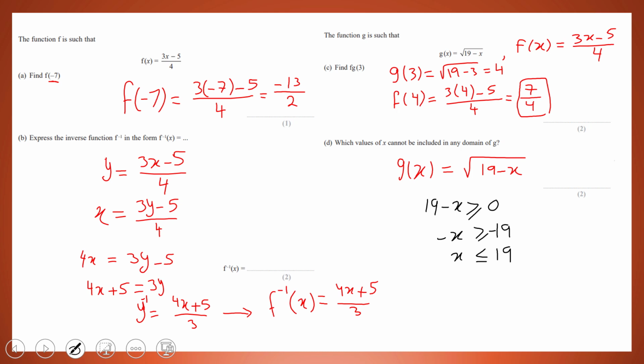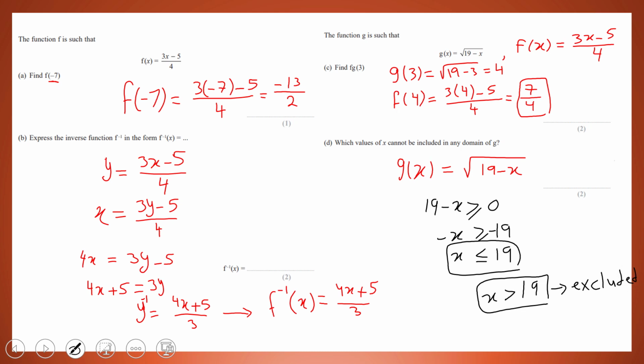This is the domain. So all values which are greater than 19 cannot be accepted. And the inverse of this, all values which are greater than 19, these are the excluded values from the domain.